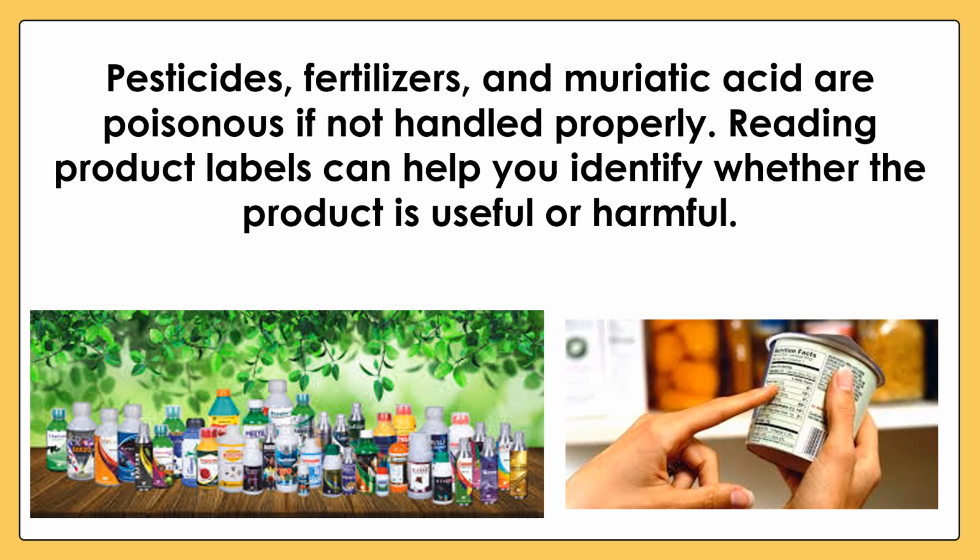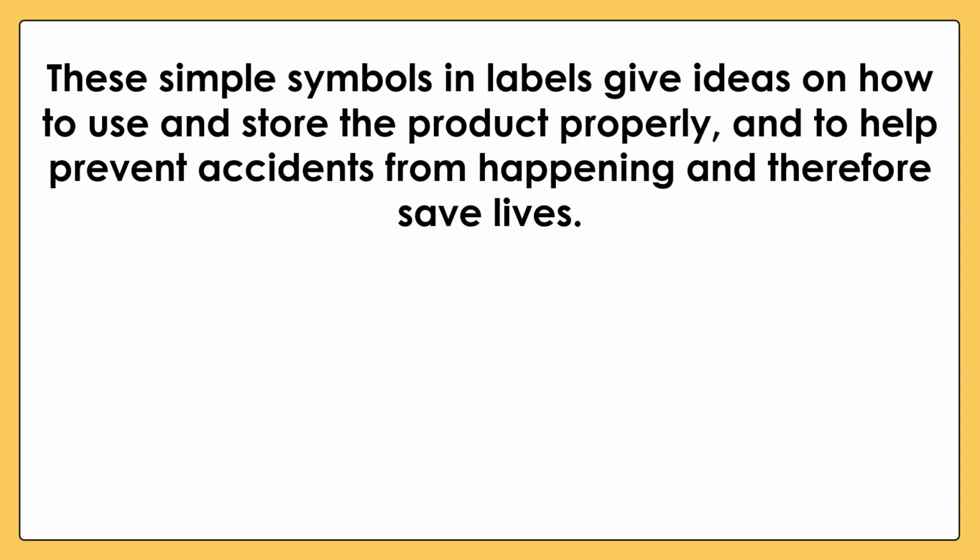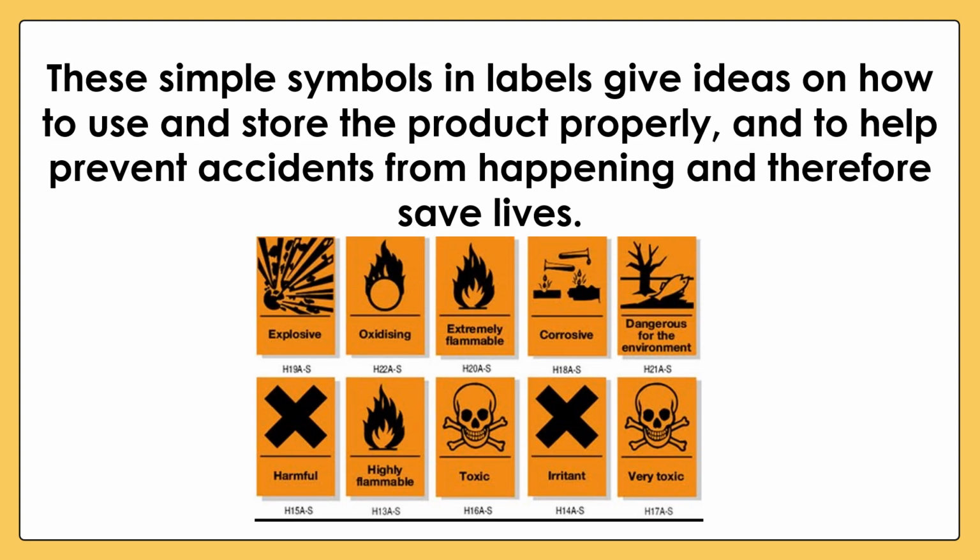Reading product labels can help you identify whether the product is useful or harmful. These simple symbols in labels give ideas on how to use and store the product properly and help prevent accidents from happening and therefore save lives.